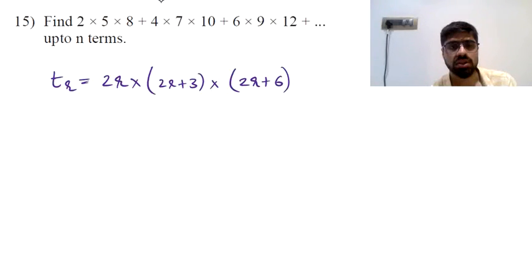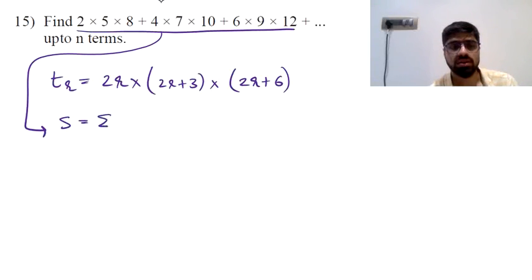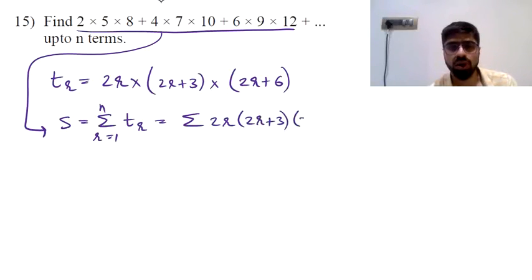The given sequence is a sum of all terms of this type. So we can write the given sequence as S, which is equal to summation of tr, where r goes from 1 up to n. So this will be summation of 2r into 2r plus 3 into 2r plus 6.